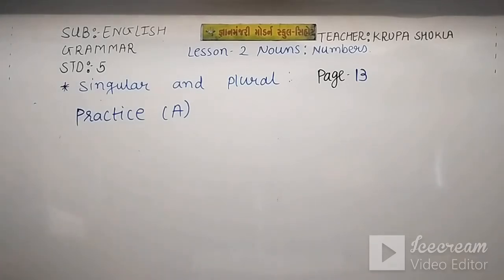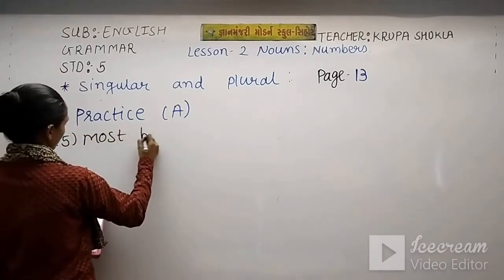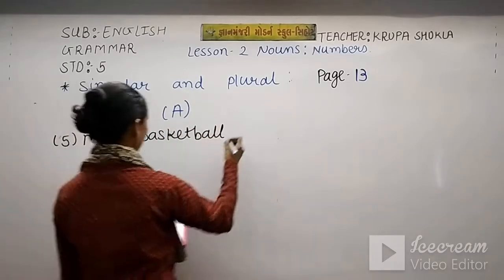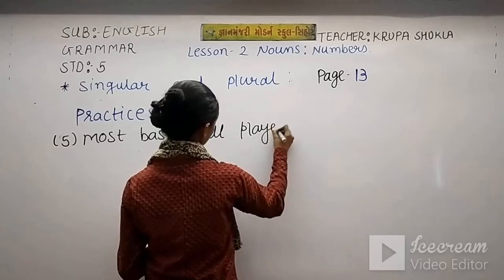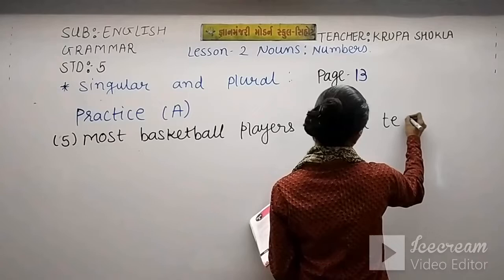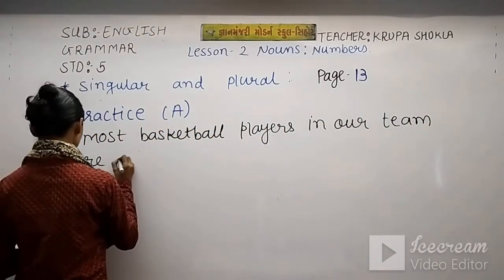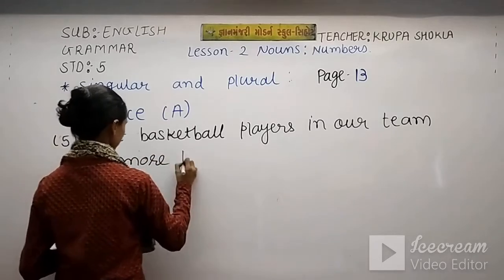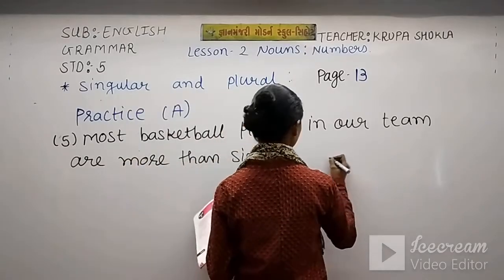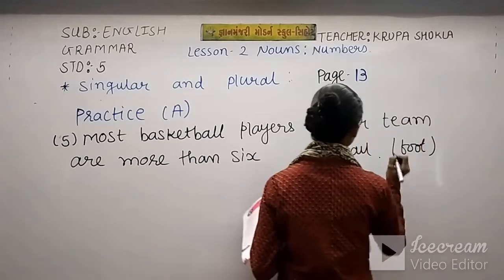Number 5 is most basketball players in our team are more than 6 blank tall, and foot is given.